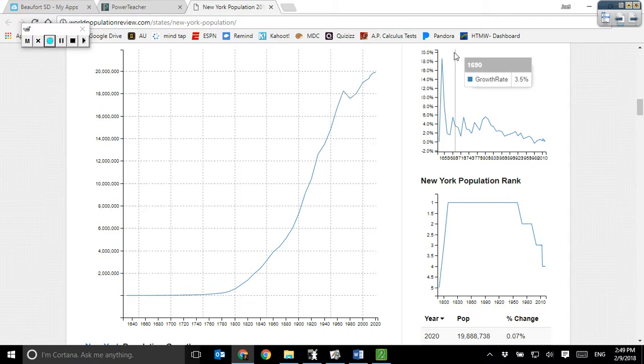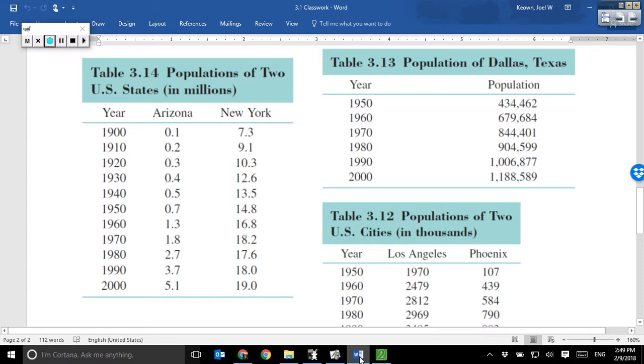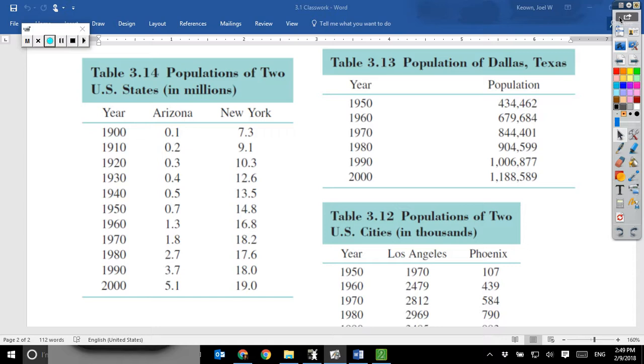Okay. Well, what if I would have tried to do this using exponential? So I'm going to go back to our problem, and we're going to do the same problem using an exponential.